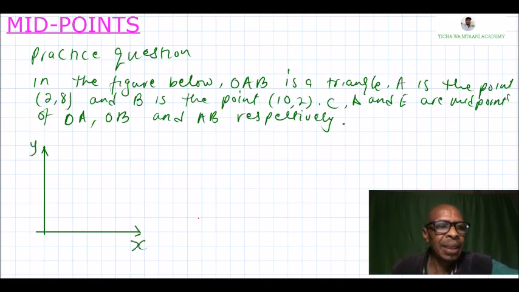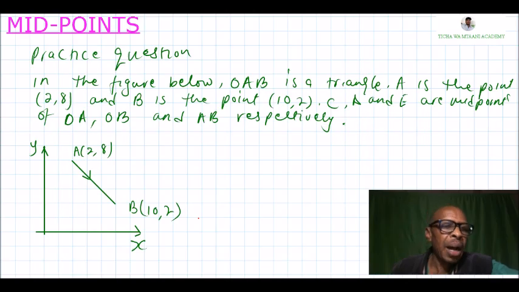Then we have our vector here. Let's draw a straight line. So this is A. This is a vector AB. Coordinates of A are 2, 8. Coordinates of B are 10, 2.